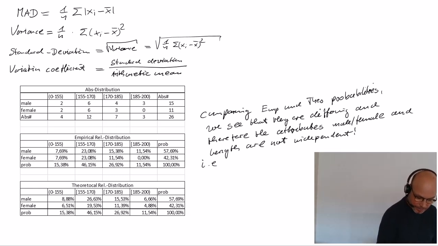So, for example, here 8.88% unequal 7.69%.